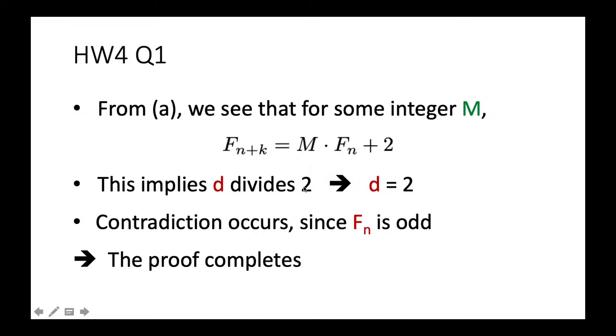But we have the assumption that d is greater than 1, and if a number greater than 1 divides 2 properly, there is only one choice: d is equal to 2. But then, at this point, we have a contradiction, because we have assumed that d is a factor of f of n, but f of n is what?